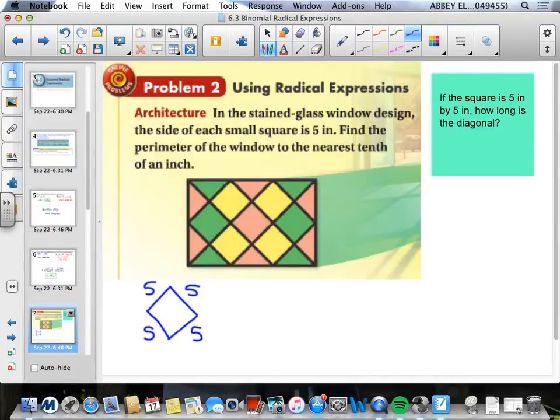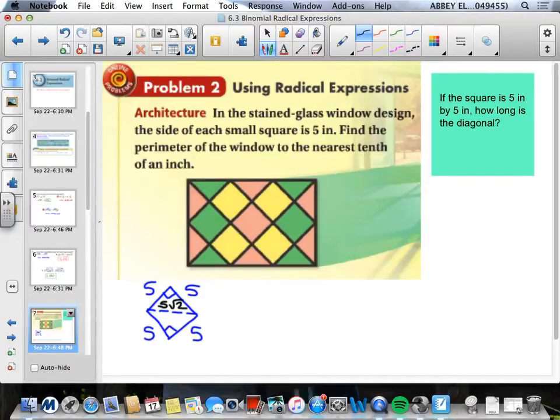Okay. We can use our geometry skills and identify that this is a 45, 45, 90. And so in order to find this diagonal length, all I have to do is take my side and multiply it by the square root of 2. Okay?